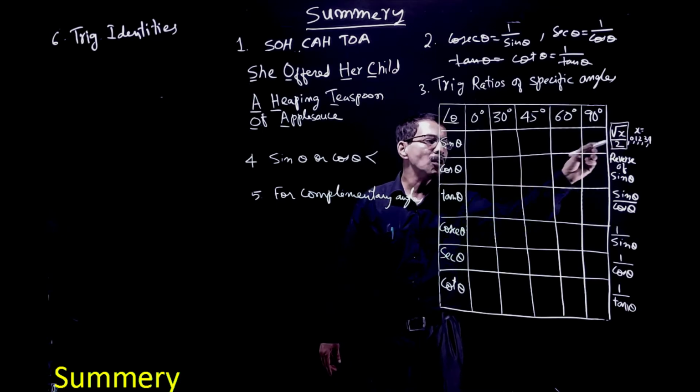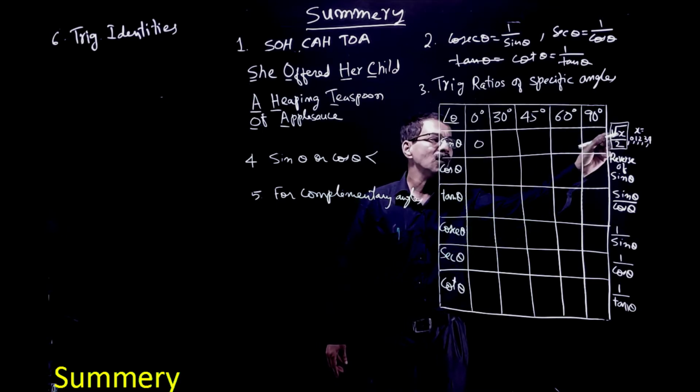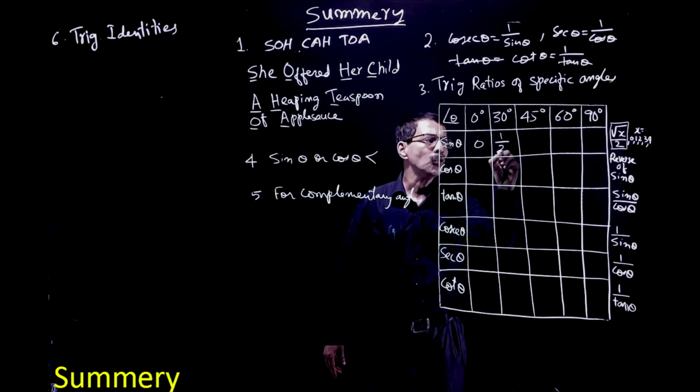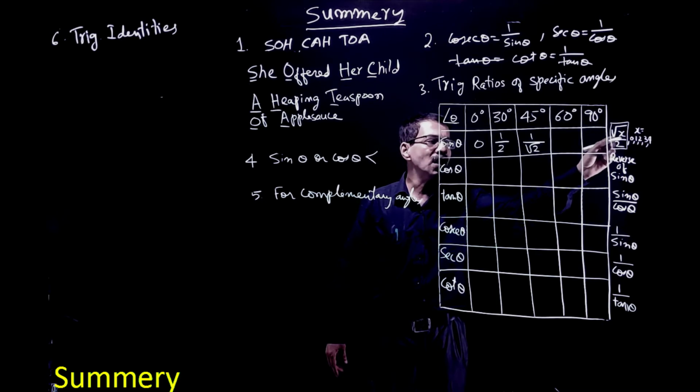So it is 0 upon 2, which is 0, then root of 1 upon 2 is 1 upon 2. Then root of 2 upon 2 is 1 upon root 2. Then root of 3 divided by 2 will be root 3 divided by 2.